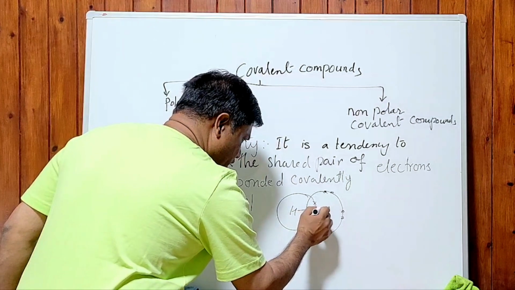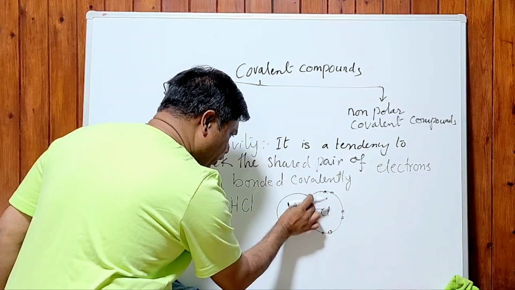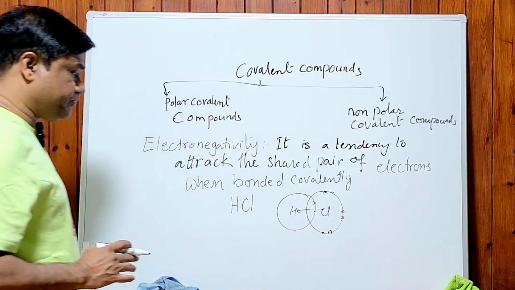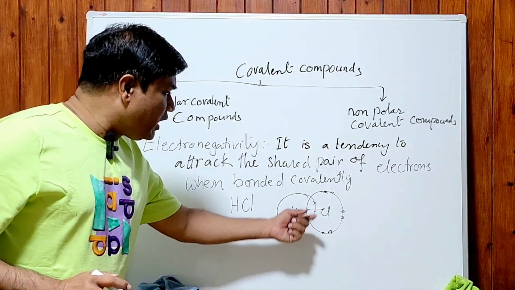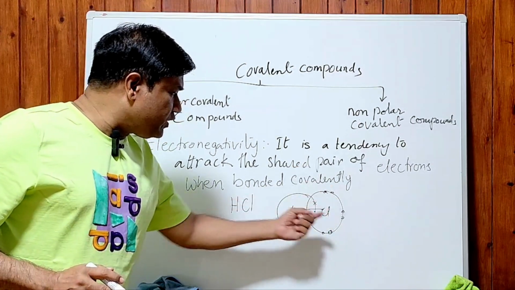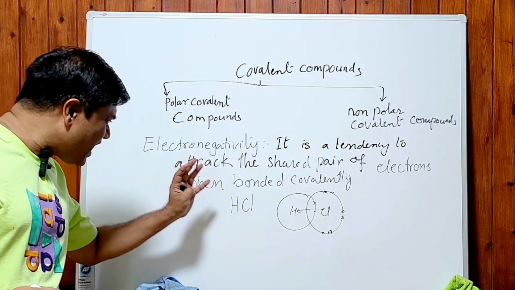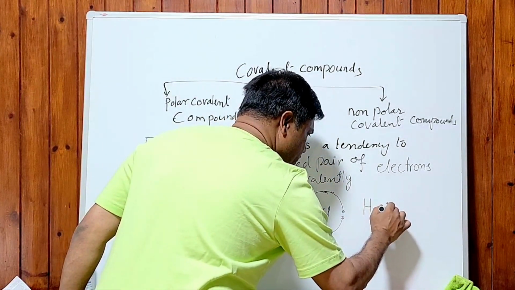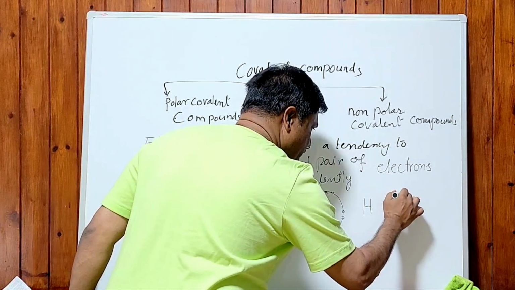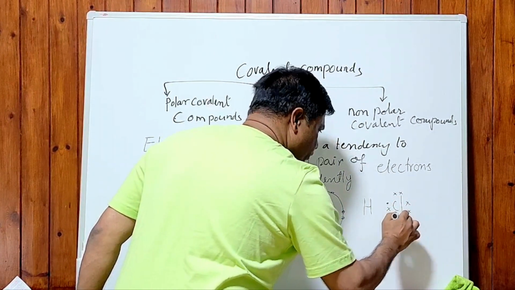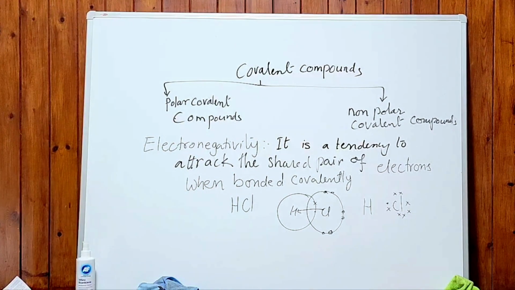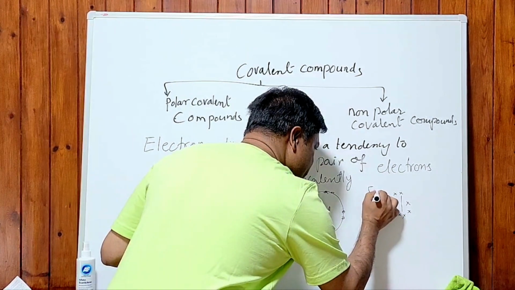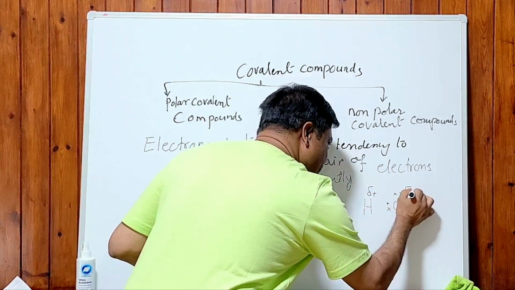This is the nuclear distance, and the bonded pair of electrons lies in between the two nuclei. But because of the electronegativity power of the chlorine, the two electrons slightly shift towards the chlorine. Look at that, the two electrons move towards the chlorine. This is the ability of the chlorine to attract the shared pair of electrons. As a result, this hydrogen gets a slight positive charge and this chlorine gets a slight negative charge.